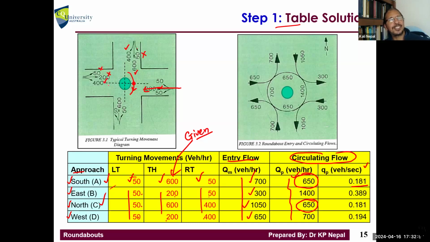They will not, because they go straight, they go to the right, they don't arrive at that point when you circulate. So what does that mean? 400 plus 400 plus 600. How much is that? 1400 for the east. East traffic is 1400. That's how we calculate circulating flow. Done.